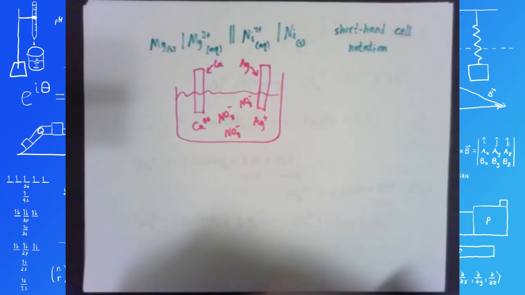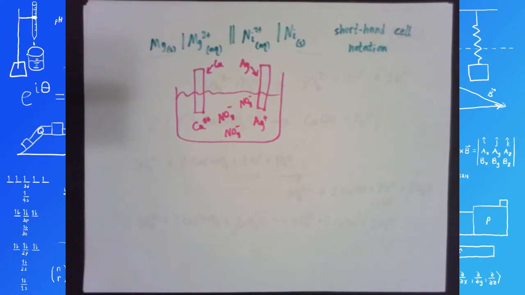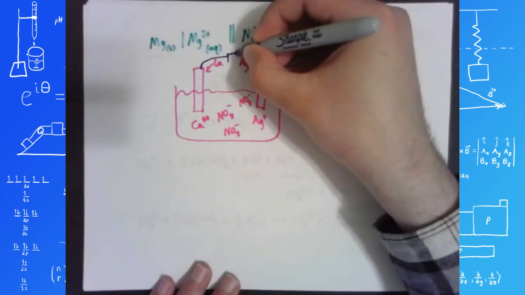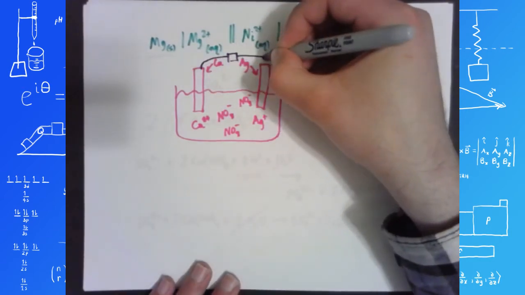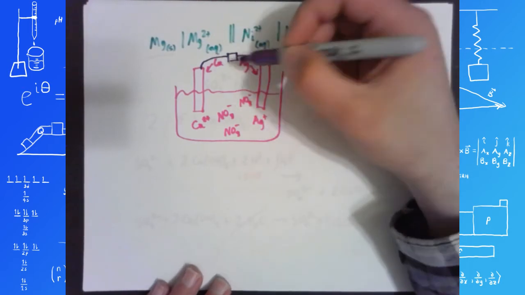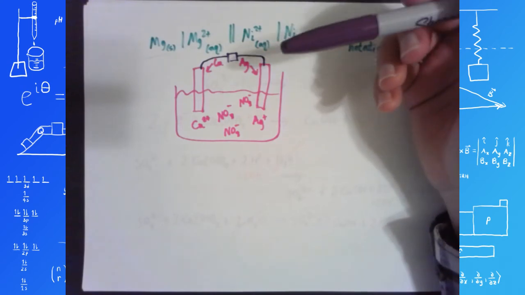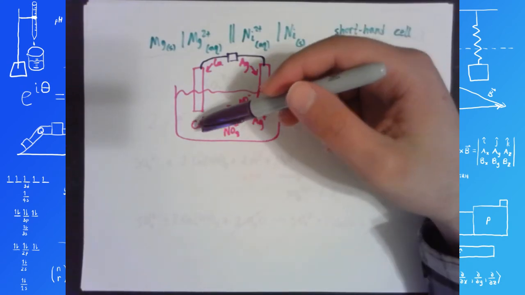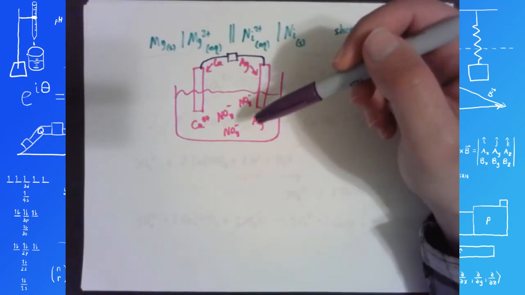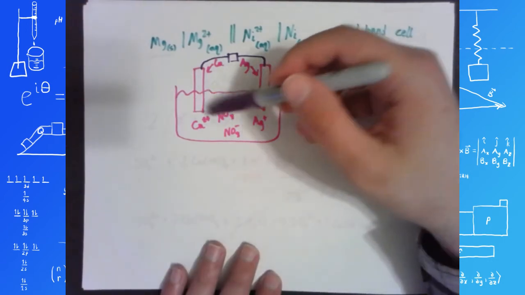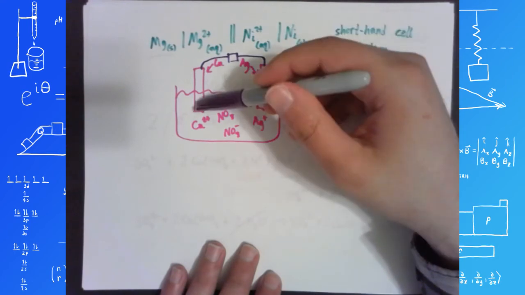If I had this set up and then I connected the copper and silver bars by a wire, you wouldn't get any sort of electricity reading here, because the silver ions can just walk up to this copper bar and take the electrons directly.